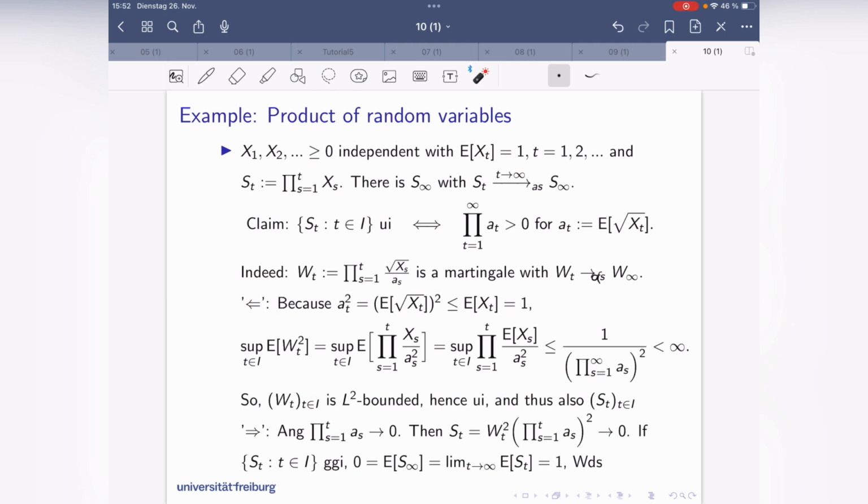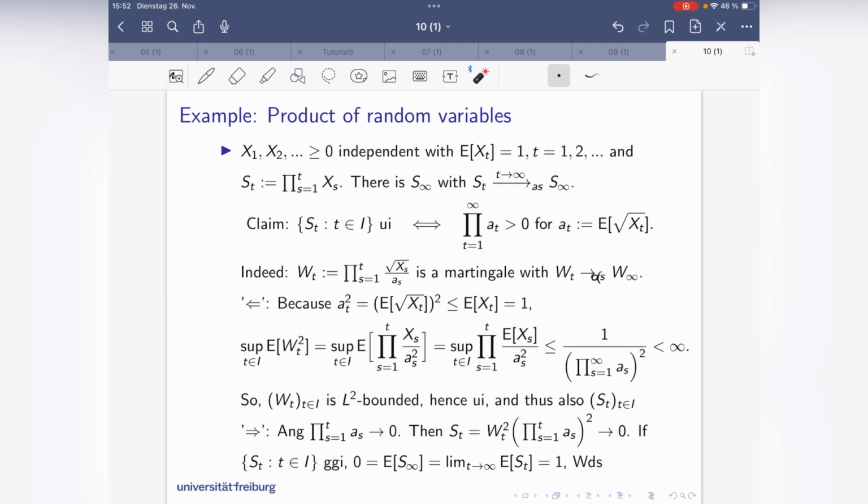Now we have to prove 2 directions. So first of all, the almost sure convergence here is immediate by the same argument. It's a non-negative martingale. So the S_t by itself is a non-negative martingale. So from right to left.